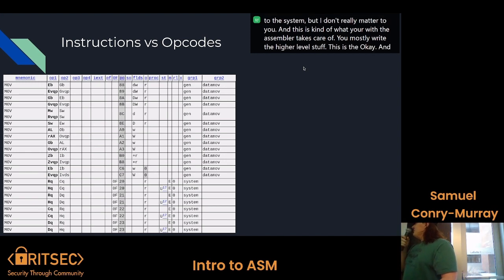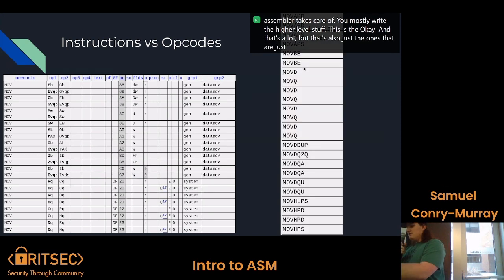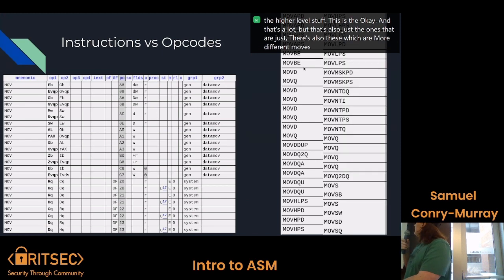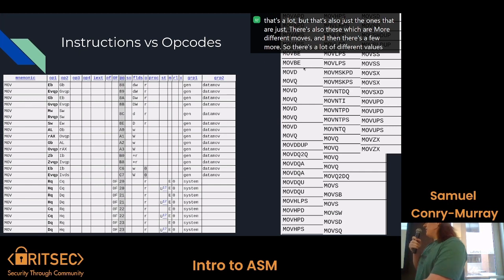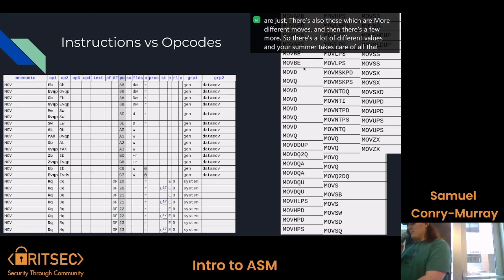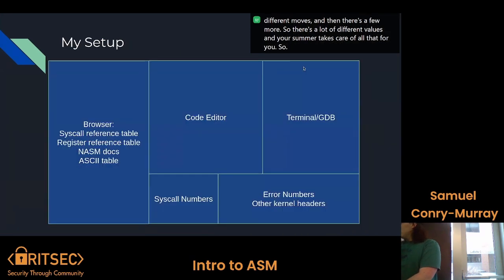And that's a lot, but that's also just the ones that are called MOV. There's also these, which are more different moves, then there's these, and then a few more. There's a lot of different values, and your assembler takes care of all that for you. So thank you, assembler.